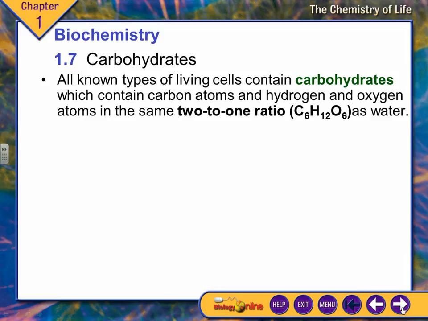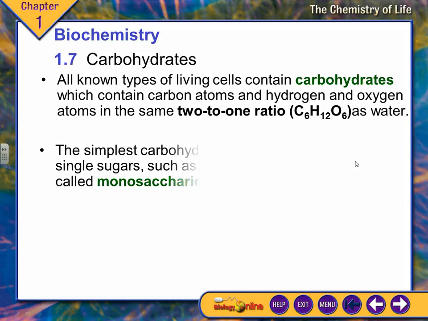Okay, so the 4 macromolecules that you need to remember, the first one is carbohydrates. Notice that all carbohydrates have a, let's see here, it's actually a 1 to 2 to 1 ratio. You can see 6 carbons to 12 H's to 6 oxygens. I'll fix that for you guys.